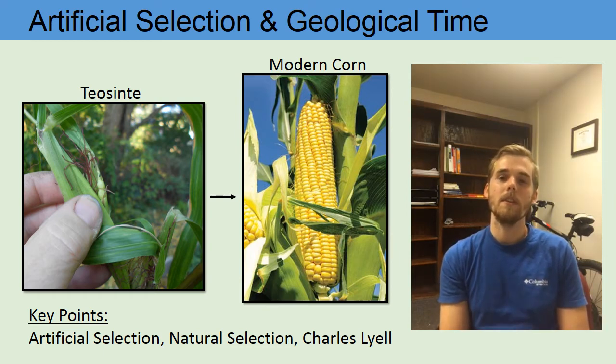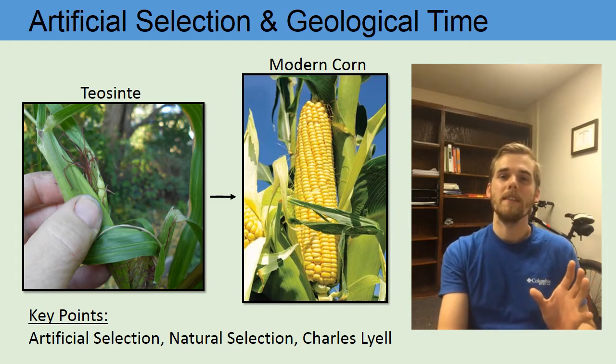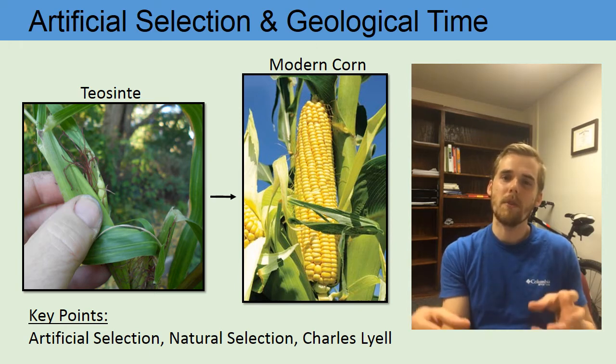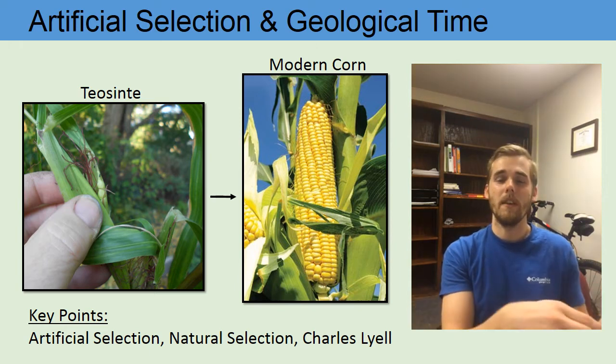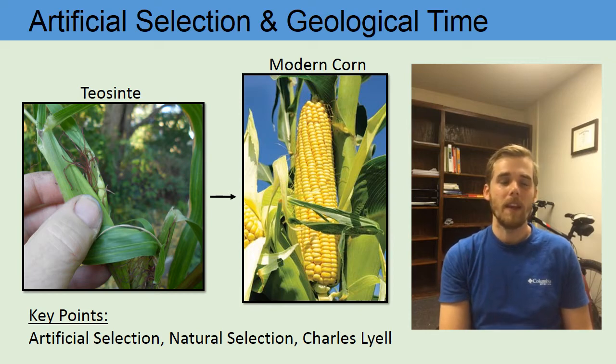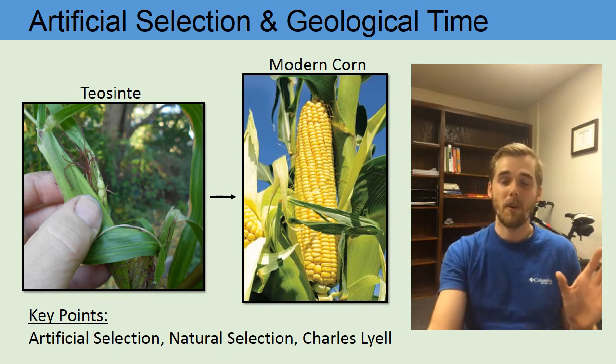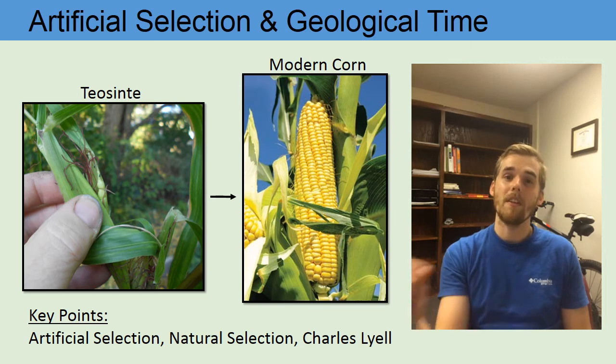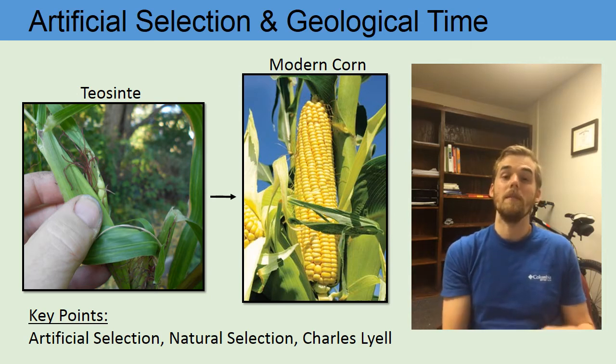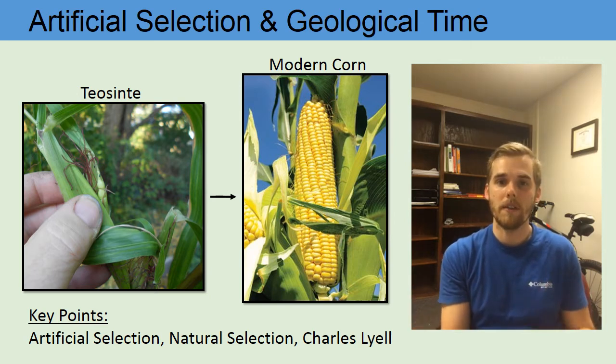The next growing season you plant those seeds and you end up with an entire crop of plants that are a little bit bigger, a little bit more robust, and they produce a few more seeds than the crop in the year prior. And so that year you do the same thing. You decide, I'm going to take the seeds from the biggest, most robust individual in this crop, and next year I'm going to plant those so that my crop will be even bigger and even more robust.